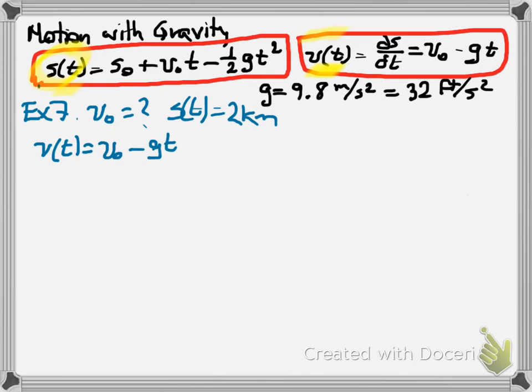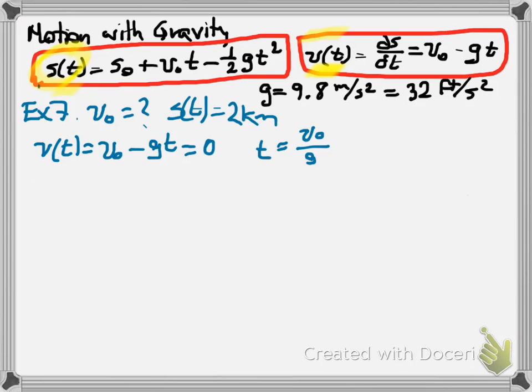Well, at the beginning the initial height is 0, S of 0. At the top the velocity is 0, so we will have that the time t equals my initial velocity over my gravity.